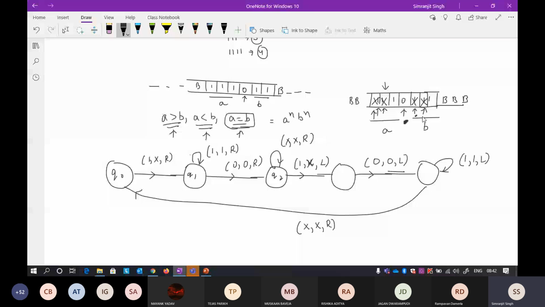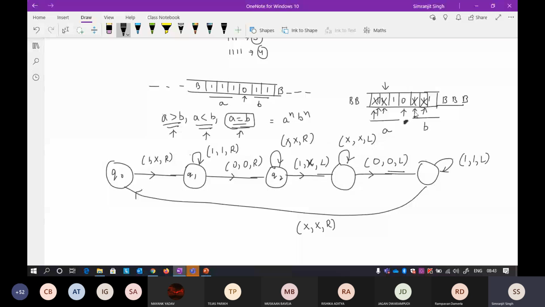Now when you are moving left, there is an x here also. Okay, so there are a number of x's. So again you have to define this part, that when you're moving left, there will be an x in the path. X, keep the x as it is and keep moving left. Yes, okay, so this was it.